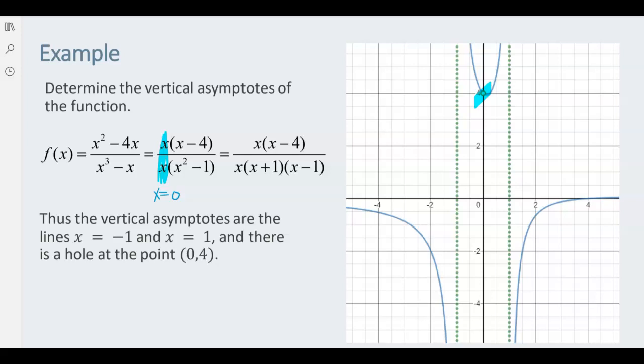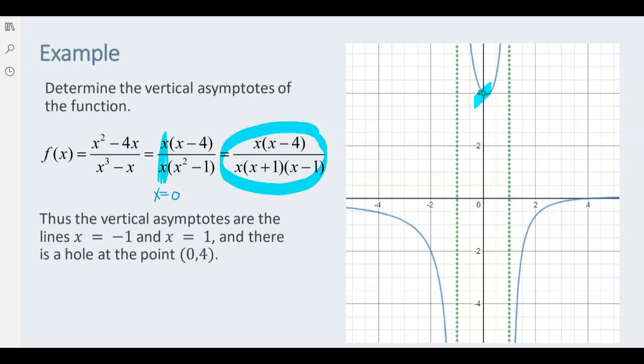Now, how did we determine that it was at 0, 4? If you plug 0 into the original, you'll get 4 as the output. So f of 0 would be 0 squared minus 4 times 0. I just paused there for a second because what I was saying was not correct. What we need to do is go back to this version and write it simplified, right?